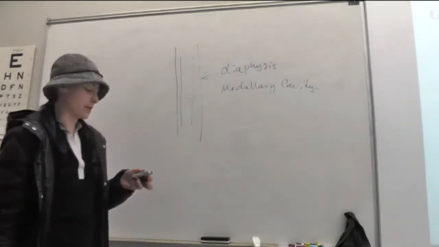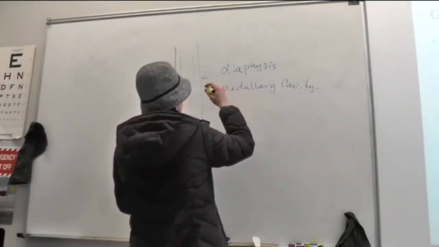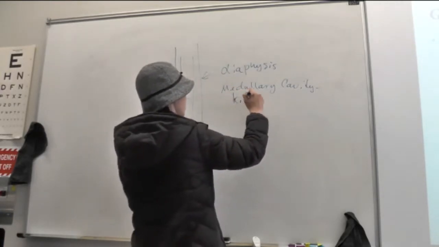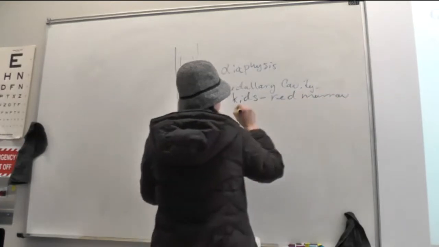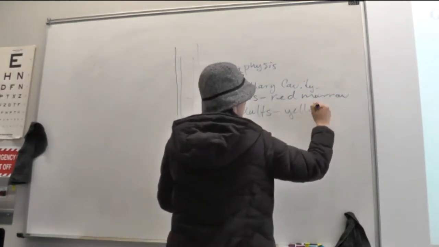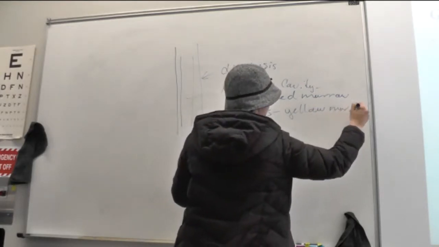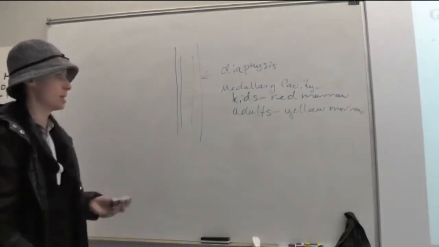The medullary cavity contains our red or yellow marrow. In kids, it's red marrow. In adults, it gets overtaken by fatty yellow marrow. Sometimes you see it called the marrow cavity, medullary cavity.